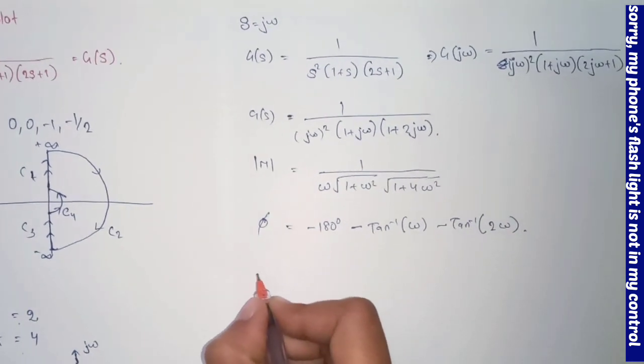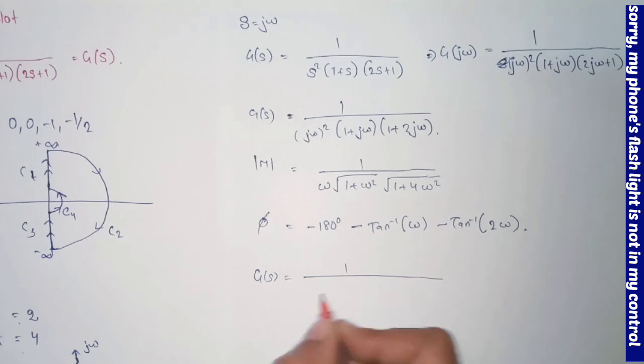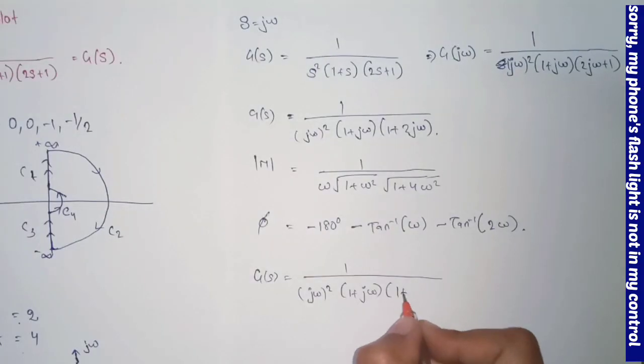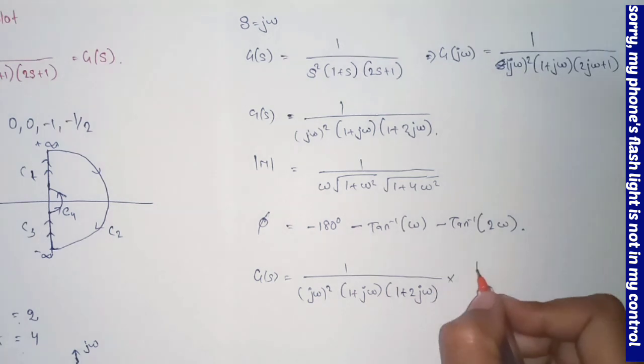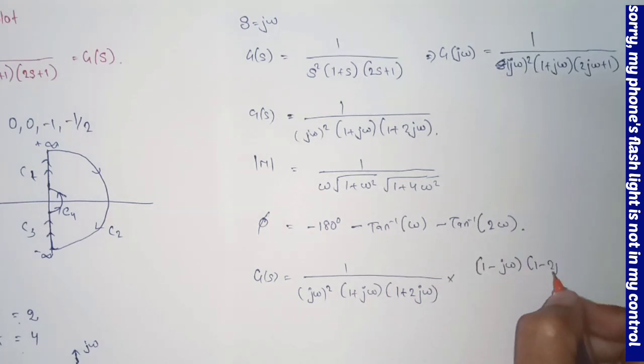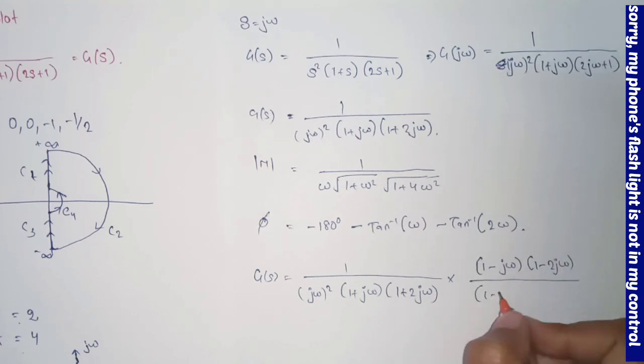So G of S equals 1 by j omega square, 1 plus j omega and 1 plus 2 j omega, into 1 minus j omega and 1 minus 2 j omega, over 1 minus j omega and 1 minus 2 j omega.